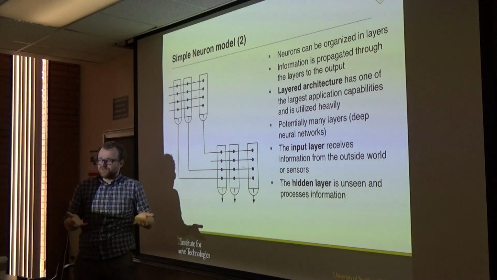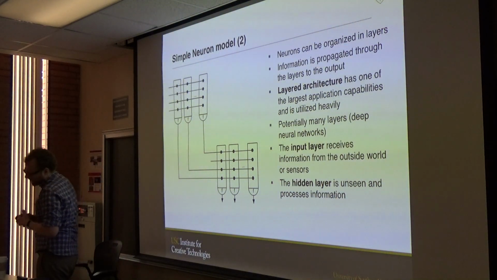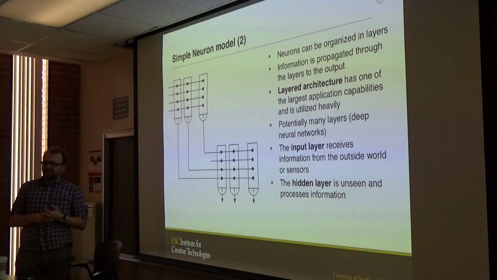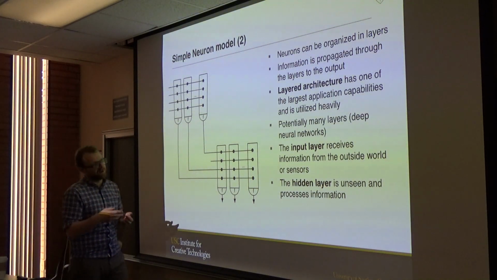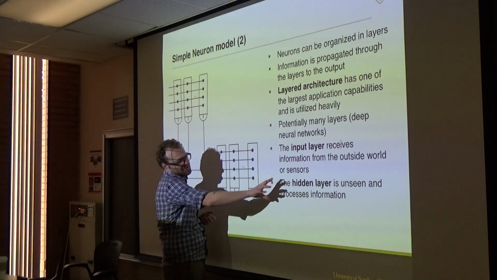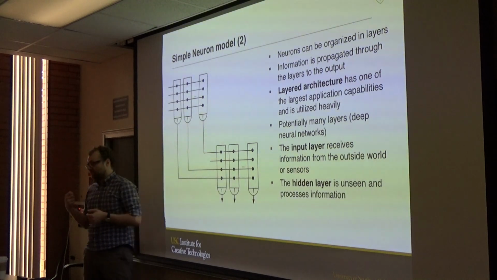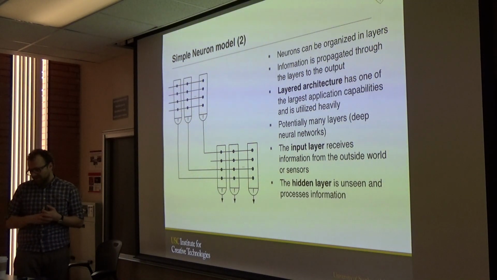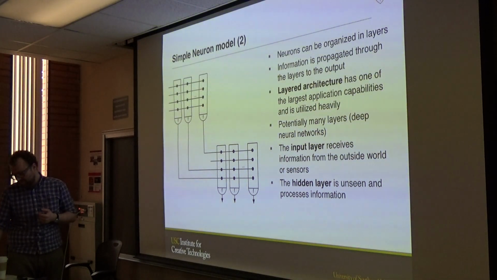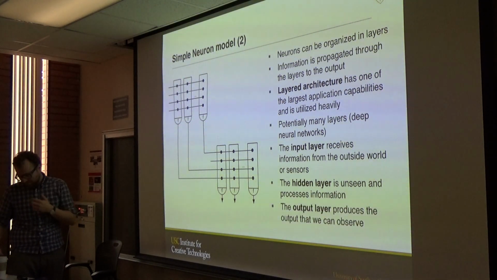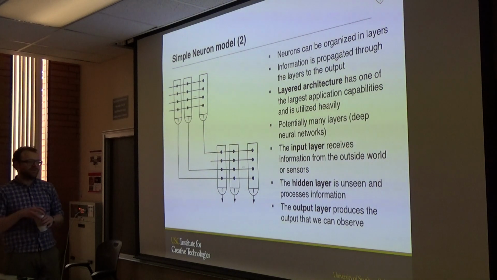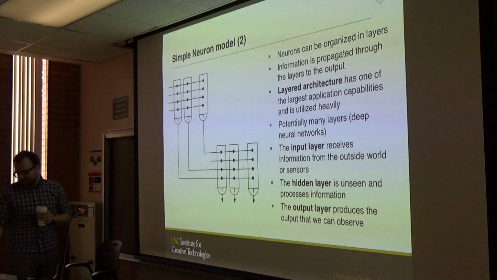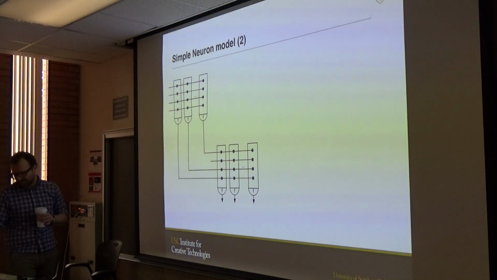Sometimes we don't need to know, so when we run the neural network, we don't need to know what's happening. But when we train the neural network, we need to access those layers and allow them to understand what they need to do so that they have a better performance afterwards. And then the output layer produces the output that we can then observe.